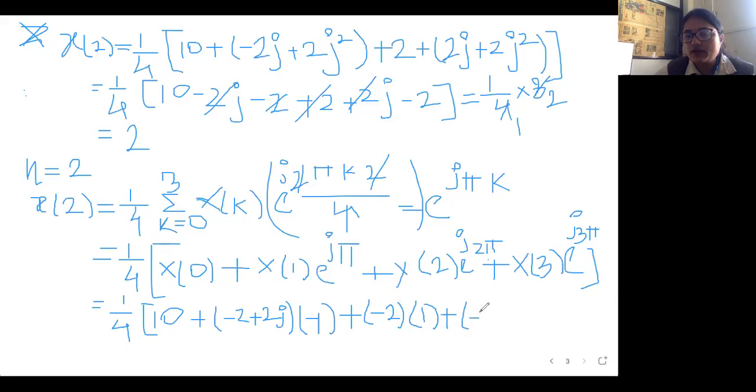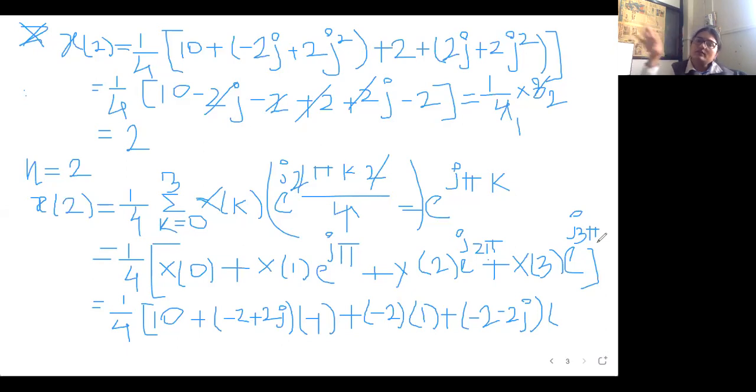X of 3 is minus 2 minus 2j. If I substitute the angular part here, what is the angular part? E raised to j 3 pi. How do you expand this? It is cos 3 pi plus j sin 3 pi. Again the story repeats. For cos of an integer multiplied by pi there will be alternate values, minus 1, plus 1.